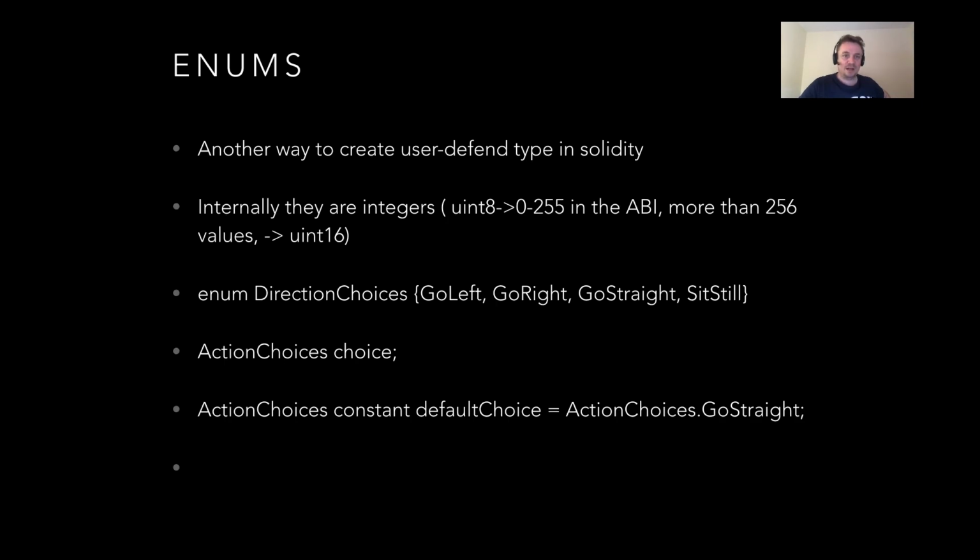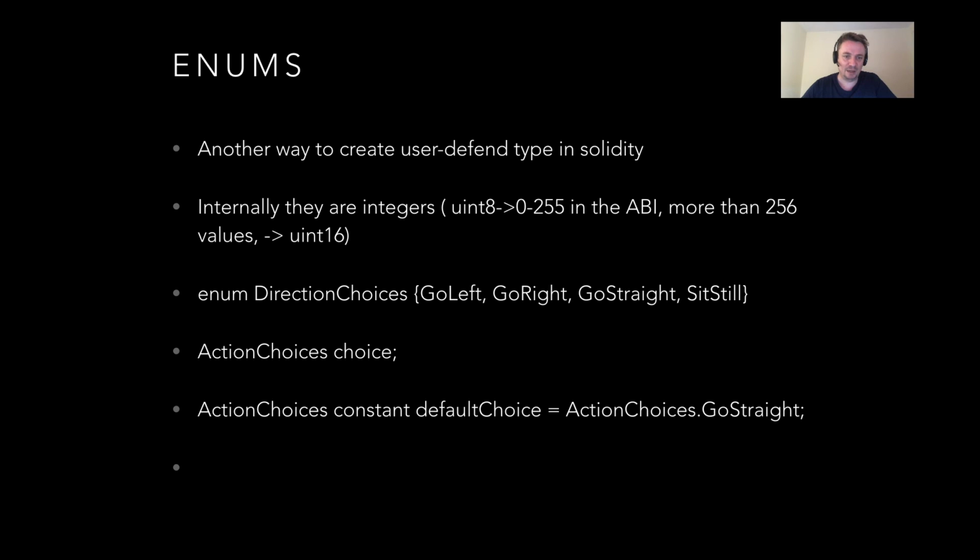And then you also have enums as complex types. Internally, they're integers running from uint8. When they are uint8, they run from 0 to 255 in the ABI. And if you go above 256, you use uint16. And here's an example.